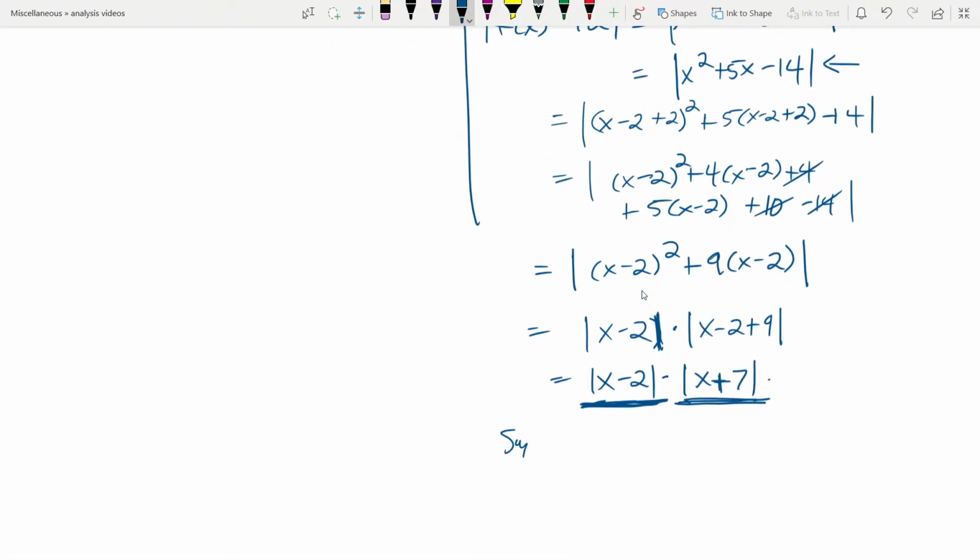But in order to do this rigorously, we're going to actually impose a constraint on delta. So suppose delta is less than or equal to 1.